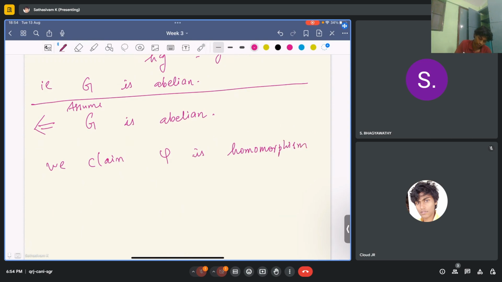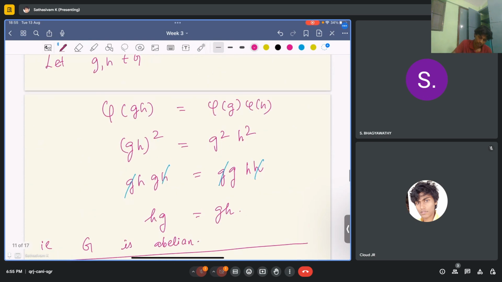Phi is a homomorphism means what I want to prove. Look here, what I want to prove is the following. Basically, this step is what I want to prove.